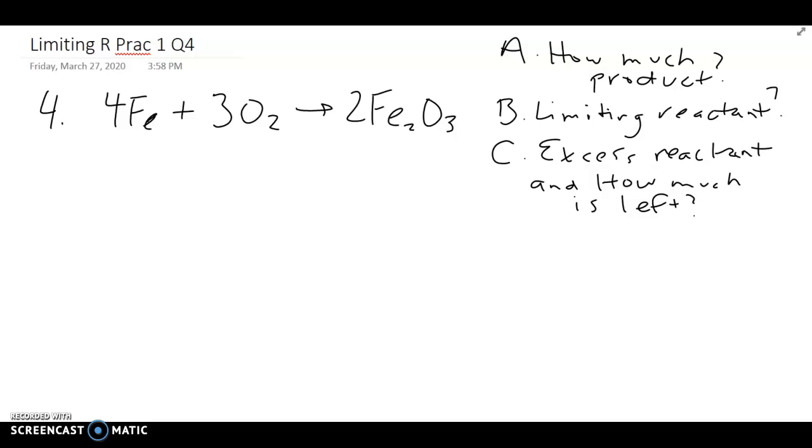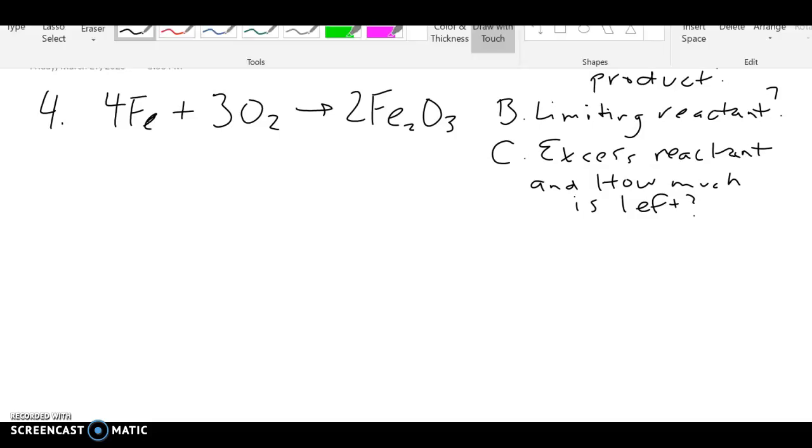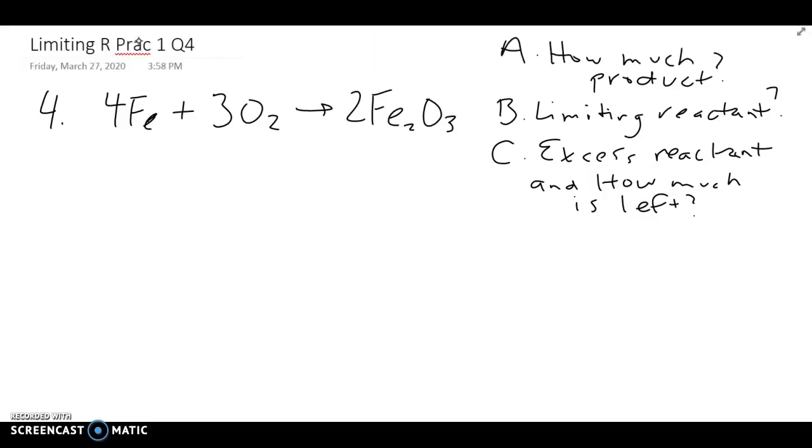We start this out by figuring out our ratio for our equation. That's going to be 4, 3, 2.